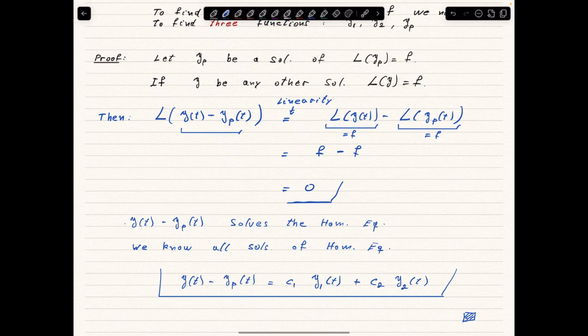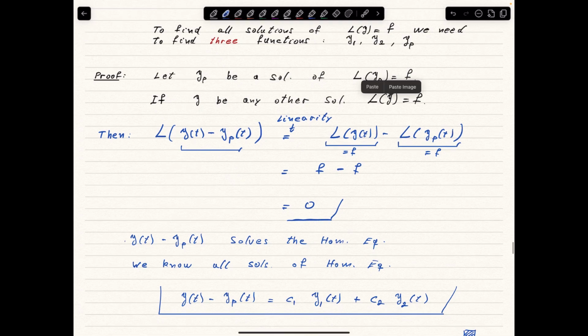So as a summary of the general solution theorem for non-homogeneous equations, now we need to find three functions: the fundamental solutions of the homogeneous equation, then a particular solution of the non-homogeneous equation, and then we have all the solutions of the non-homogeneous equation.